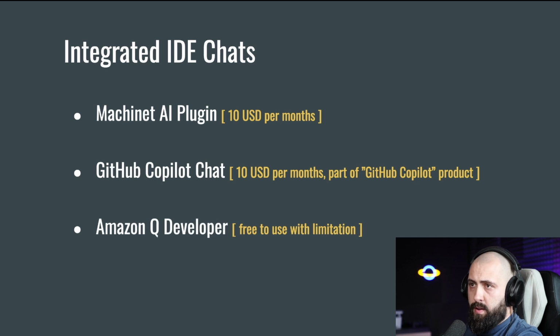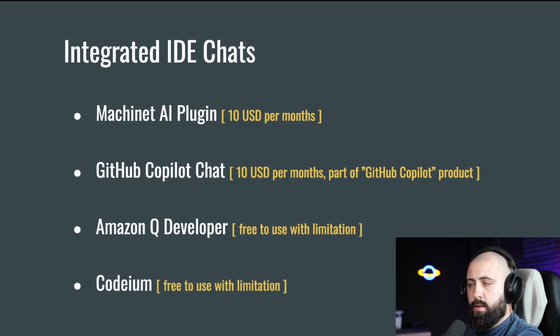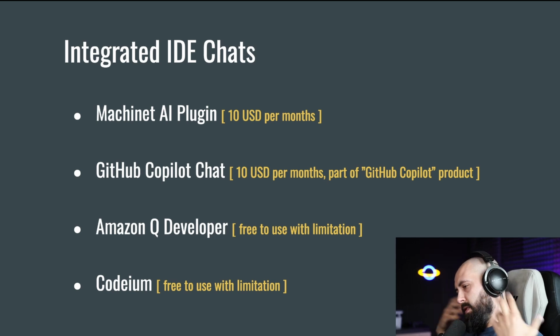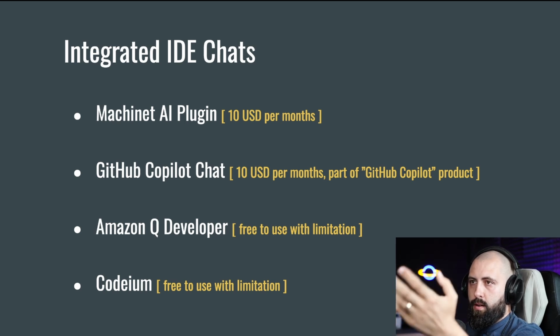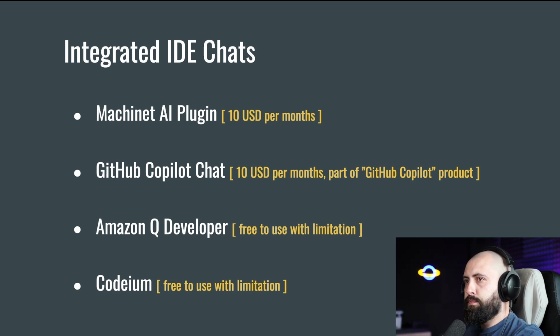Also, Amazon Q Developer provides IDE-integrated chat, and Codium already has integrated chat. So a lot of tools provide not only one feature, like code suggestion or integrated chat, but several at the same time, like Codium, GitHub Copilot, and Amazon Q.